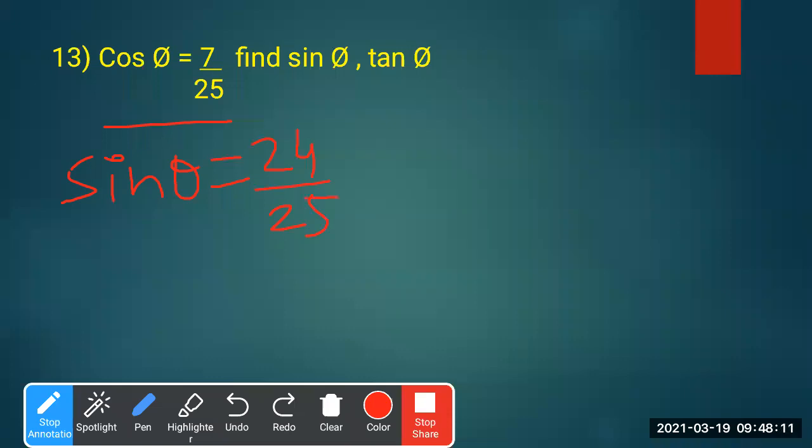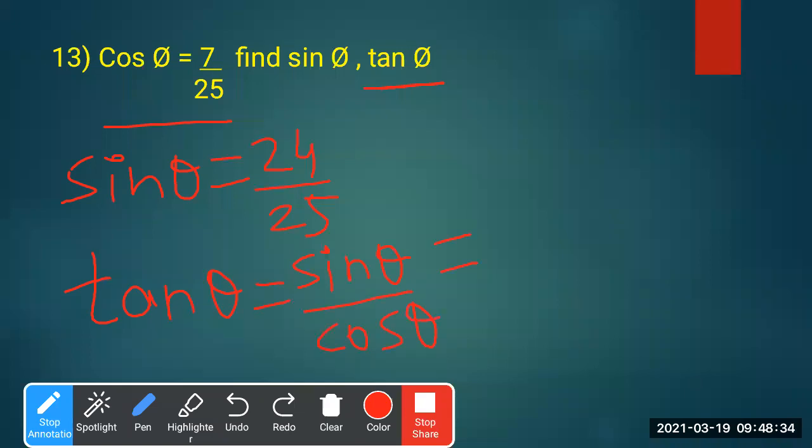Now how to find tan theta? Because for tan theta there is no identity. So use the basic definition of tan theta, that is tan theta is equal to sin theta upon cos theta.